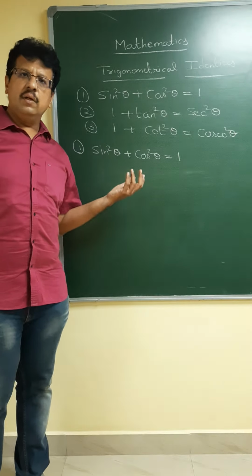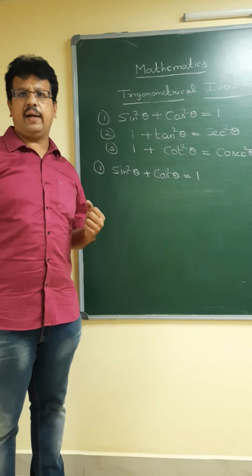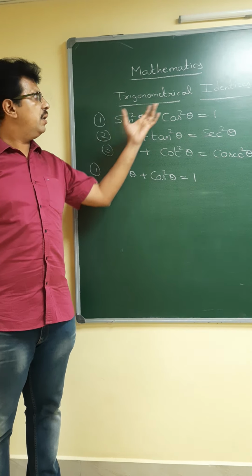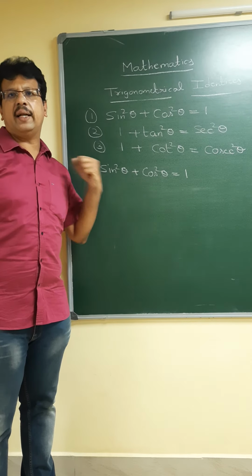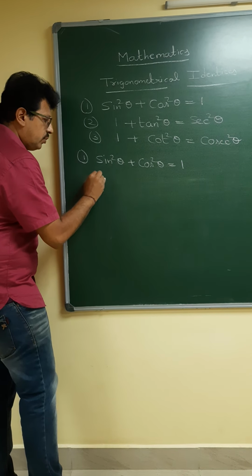So children, to prove this identity, we have to consider a right angle triangle, because trigonometry holds good only with the right angle triangle. So let us take a right angle triangle. So this is a proof.